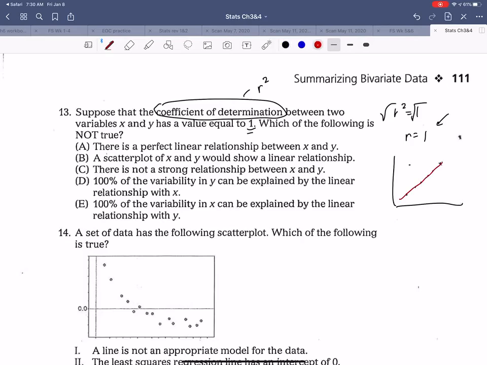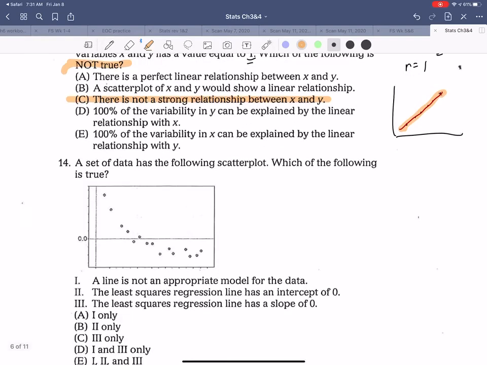The dots are exactly along that line. So which of the following would be not true? There has to be a strong relationship because the dots are right along there.